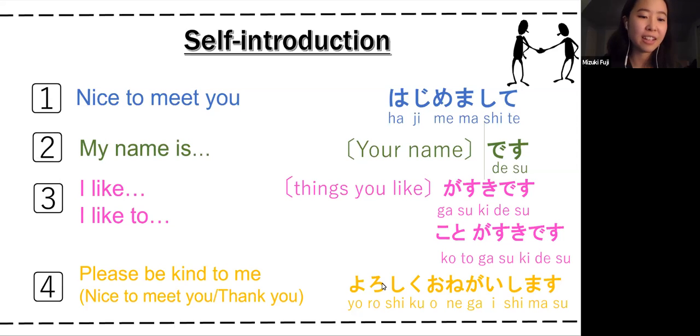Things like that. And number 4, please be kind to me, nice to meet you, or thank you is よろしくお願いします. But it doesn't translate well to English, so people say よろしくお願いします at the end of the self-introduction in Japanese.